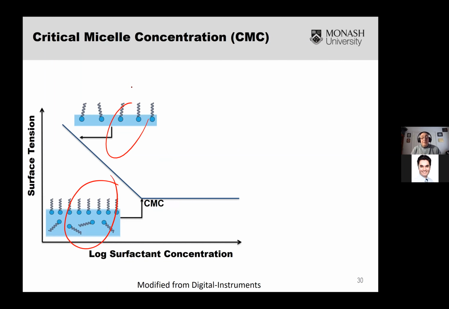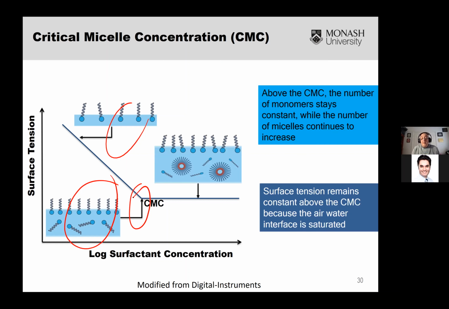As the surface tension decreases with more surfactant going into the solution, once you reach the CMC, the surface tension remains constant because the air-water interface is now saturated. Above the CMC value, the number of monomers stays constant, while micelles form and continue to increase in number because more surfactant is going into the solution.